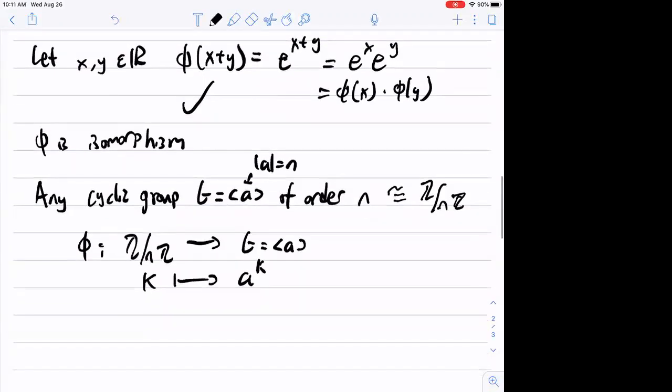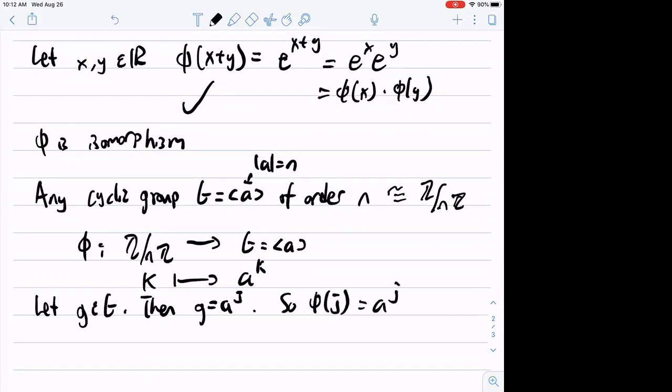So this is certainly surjective, because let g be in G, then by definition g is A to some power j. So phi of j equals A to the j. It's certainly surjective.